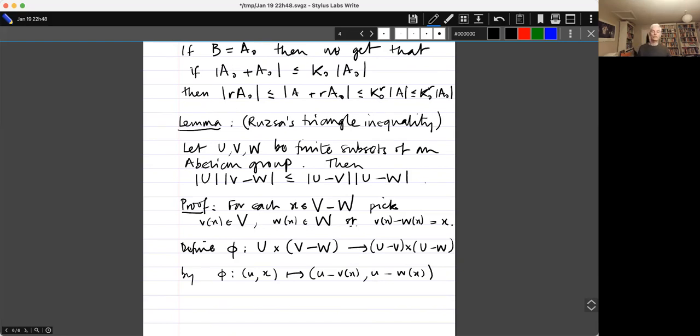So notice that v_x and w_x are well-defined functions. By that I mean there isn't a unique choice of v_x and w_x, but I'm making a choice, and once I've made a choice I have well-defined functions v_x and w_x. For each x I've just made some arbitrary selection of a v_x and a w_x that had this property.